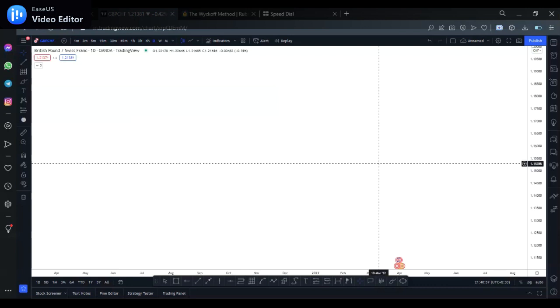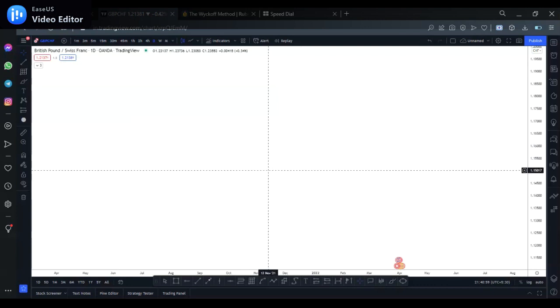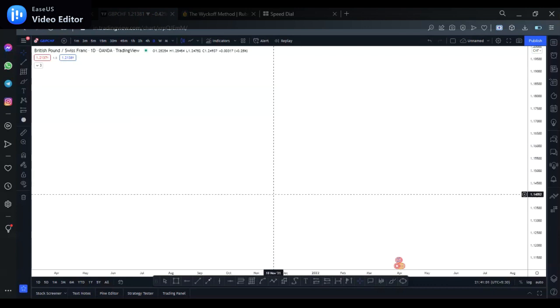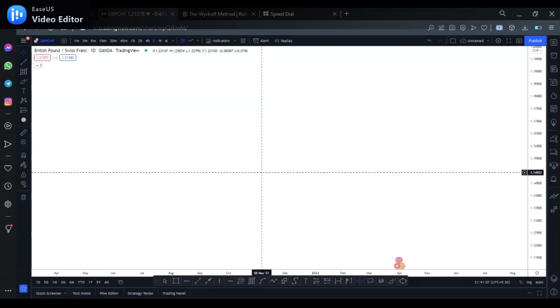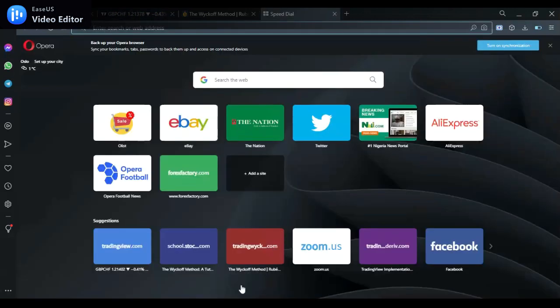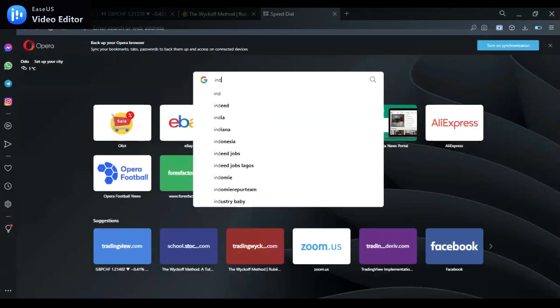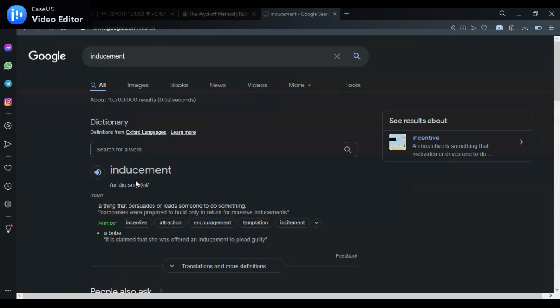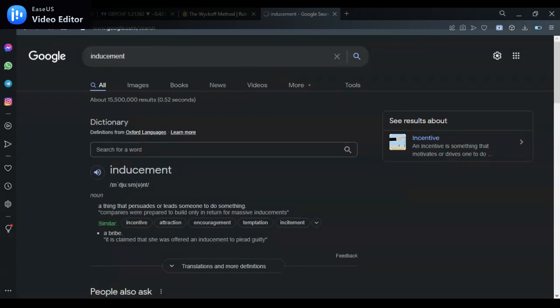I don't mean what it means in the forex market, but inducement in general. If you check a dictionary, it's a thing that persuades or leads someone into doing something. You didn't see anybody saying an inducement means liquidity right here, do you?